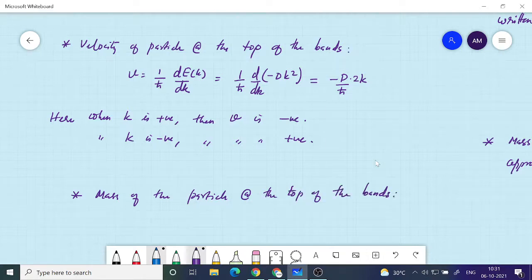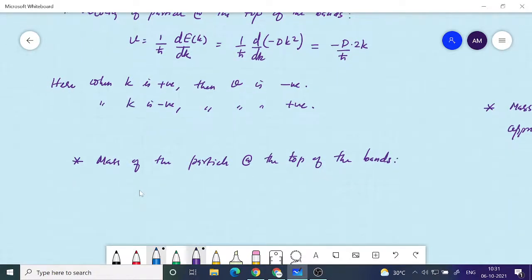So mass of the particle at the top of the band, again we have an expression that connects classical and quantum: 1 by m star. I put m star because this cannot be electron, because electron has positive mass, but here you will see that we are going to get negative mass. So 1 by m star is d square E by dk square, divided by h cut square.